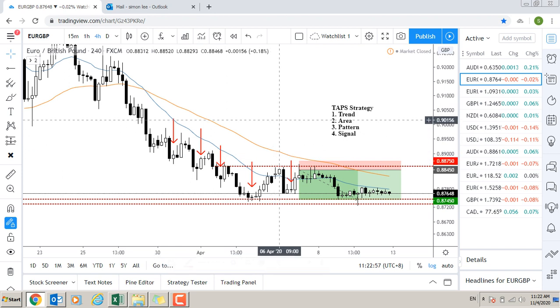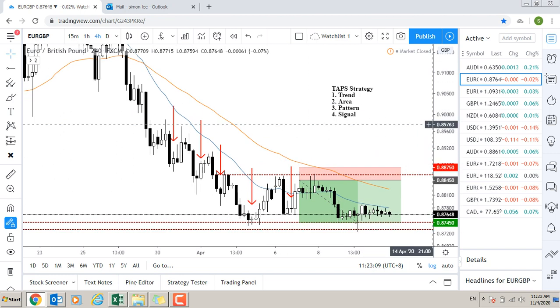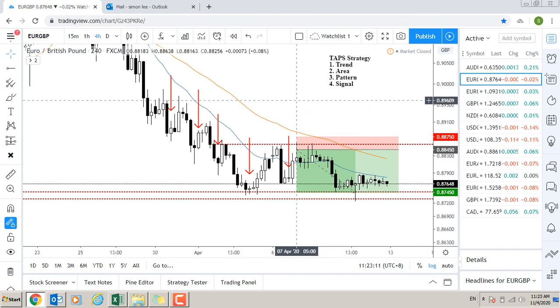So to me my first feeling is, yeah, maybe the price is still on the downside. The buyers have not gained any momentum to go up yet. So how do I confirm my thinking?